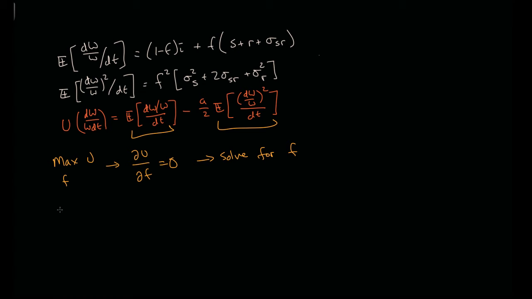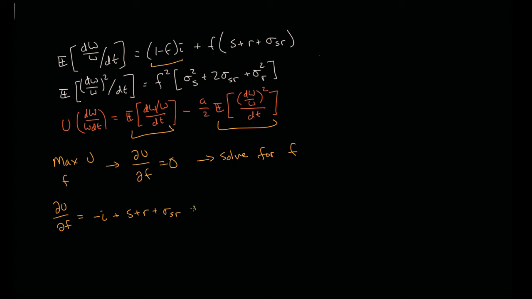Okay, so the derivative of u with respect to f is going to be equal to, in this first part, we're going to get a minus I, and then we're going to get everything out of that second part.